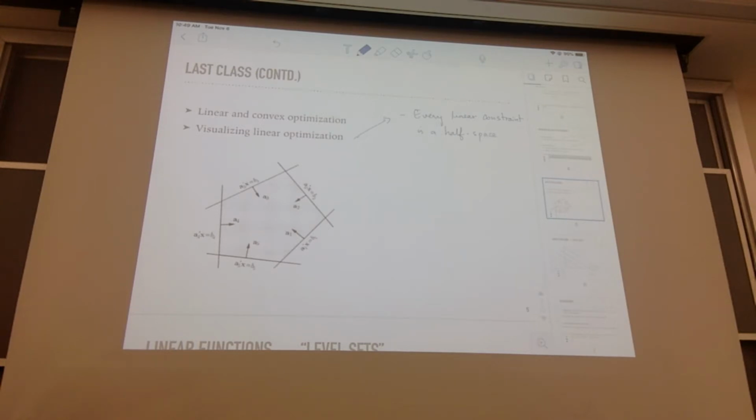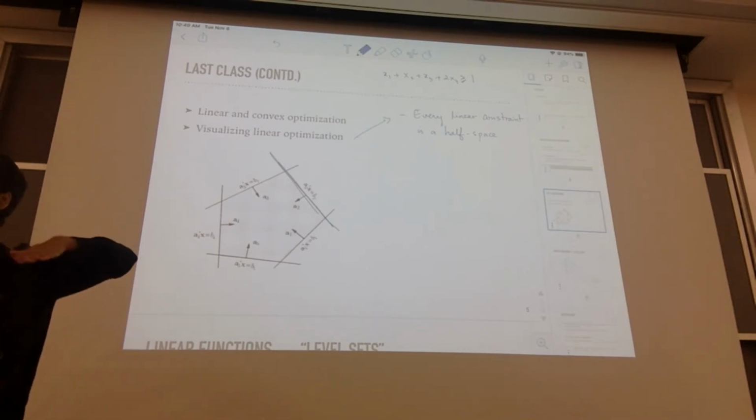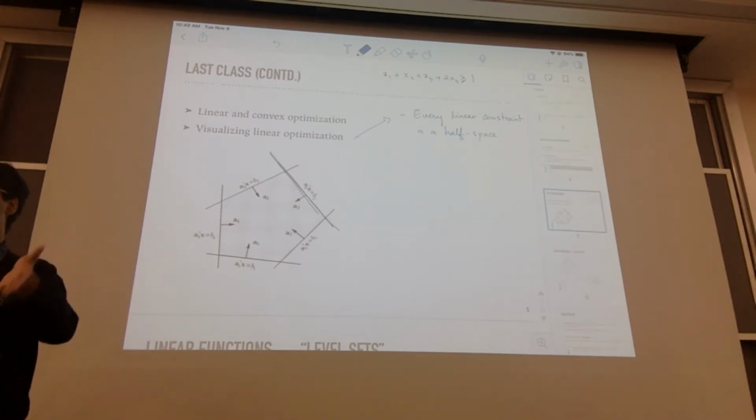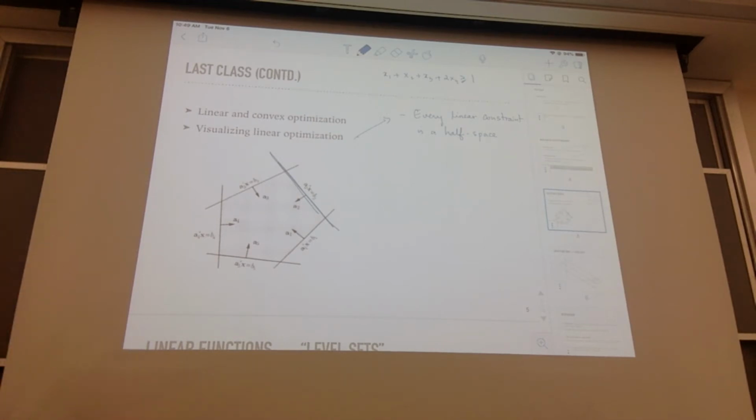By this we just mean you have a constraint like x1 plus x2 plus x3 plus 2x4 bigger than or equal to 1, let's say, and this would be a half space in 4-dimensional space. There is a plane defined by x1 plus x2 plus x3 plus 2x4 equals 1. That would be called a hyperplane.